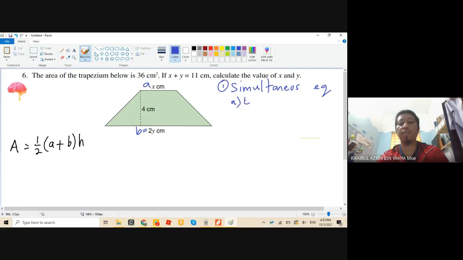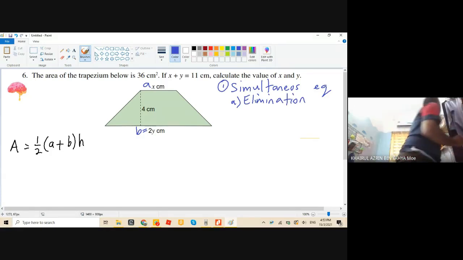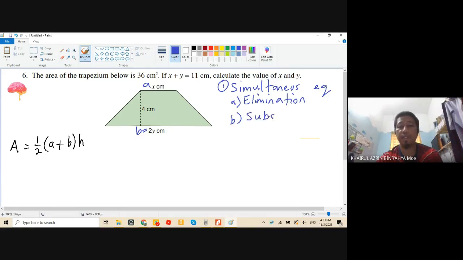We have the elimination method, and then we have the substitution method.